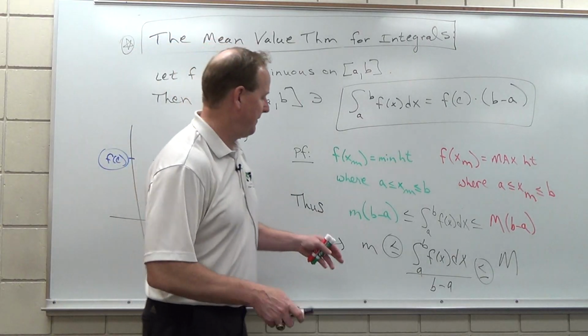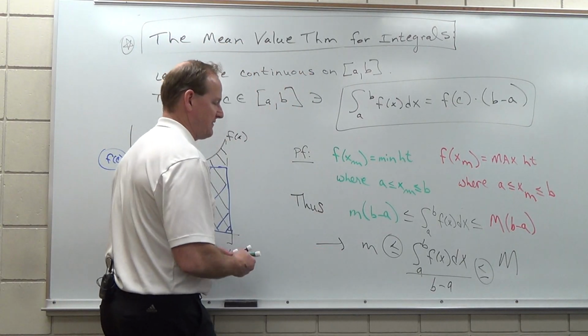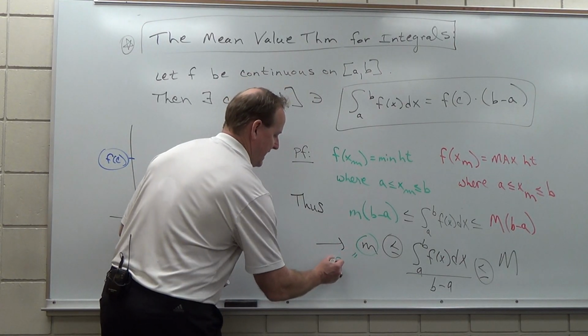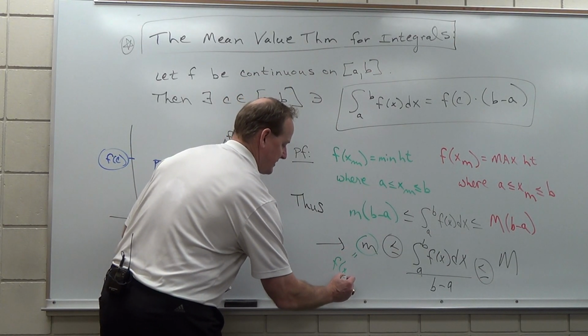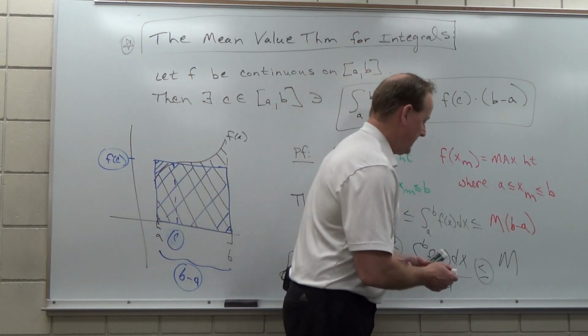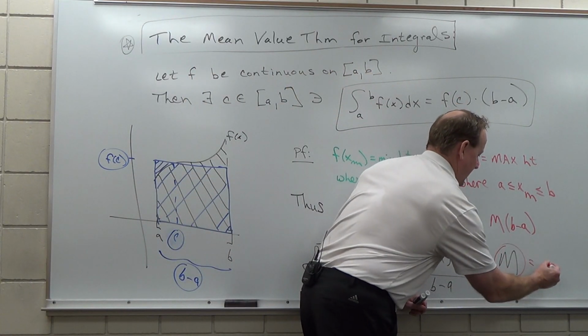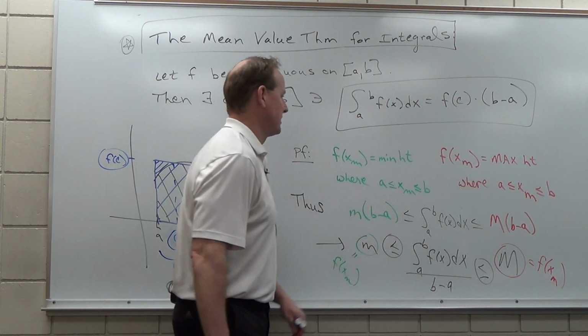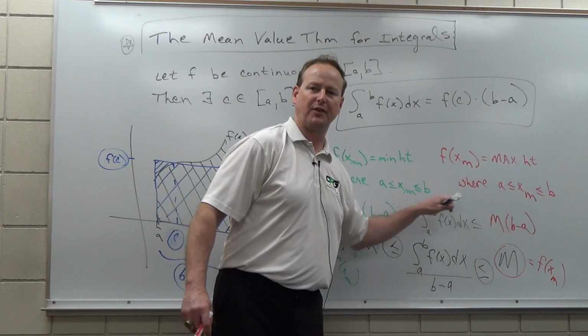And then I do know that on the left side here, this absolute minimum height is actually f evaluated at x sub little m, and this absolute maximum height is f evaluated at x sub capital M, where x sub little m and x sub capital M are both in that interval.